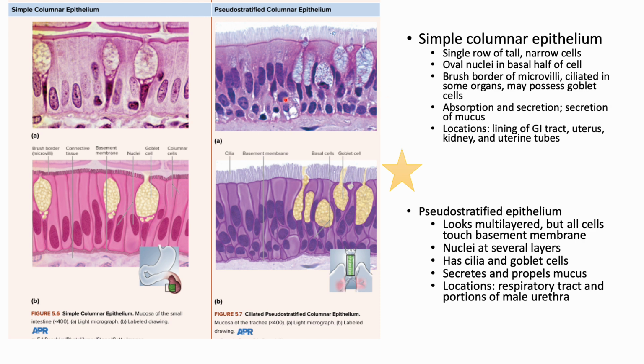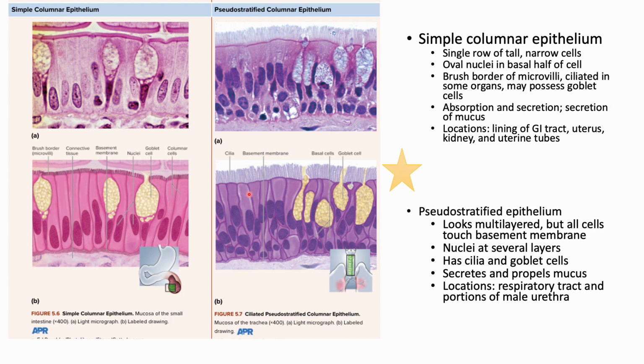This is pseudo-stratified columnar epithelium. Why is it called pseudo-stratified? Pseudo means fake, stratified. So let's take a look at the drawing first. Let's focus on this strangely shaped cell.